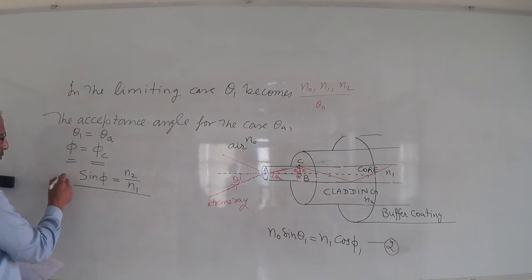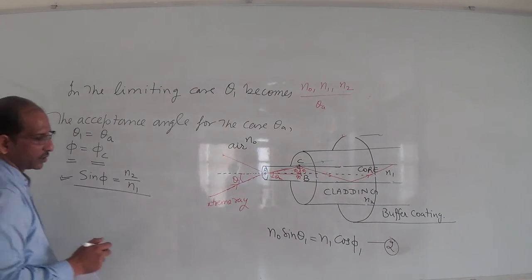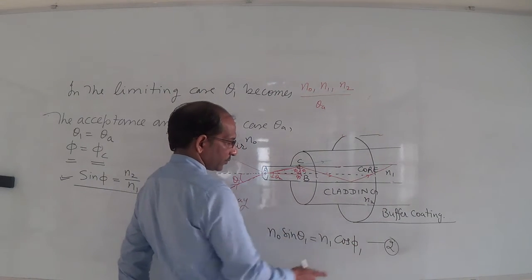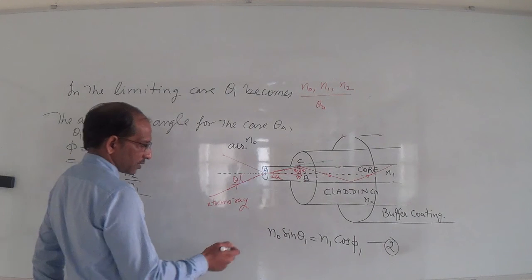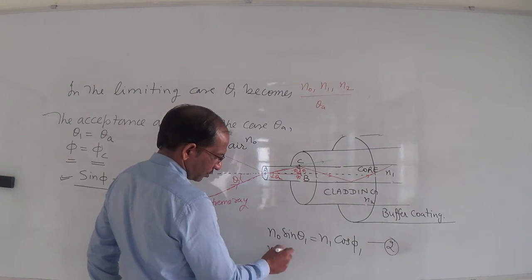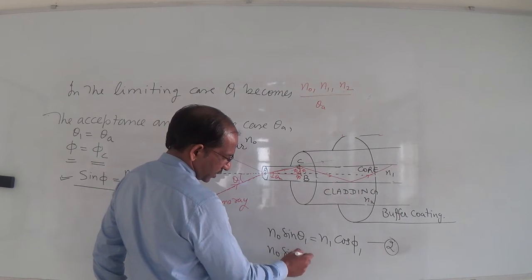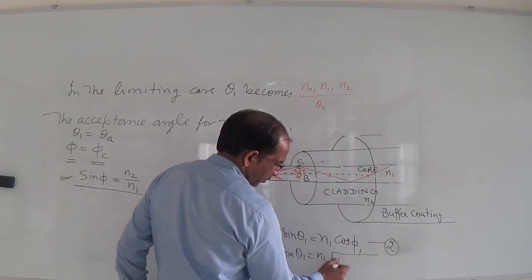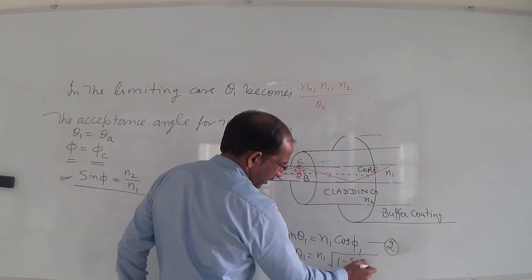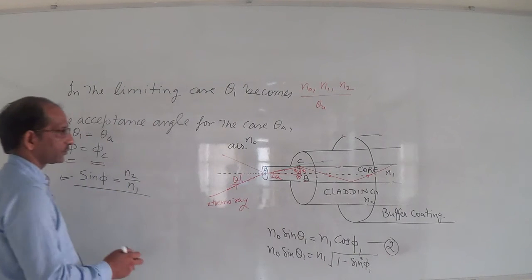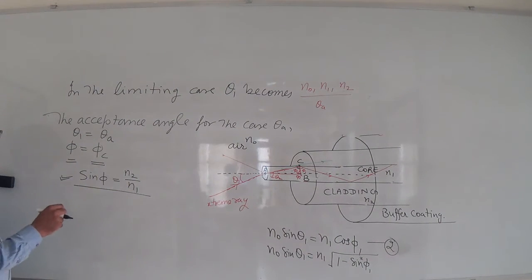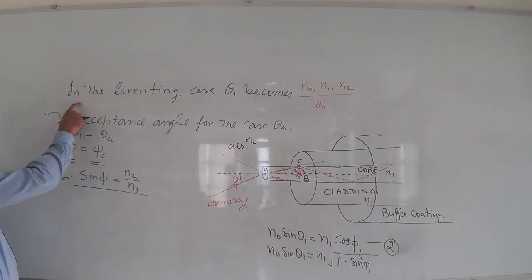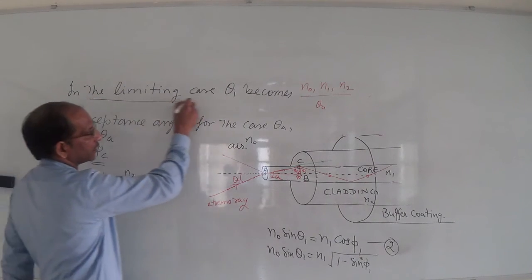Right, so I have to put this value in equation number 2. So equation number 2 is what? n naught sin theta 1 is equal to n1 square root 1 minus sin square phi 1. And what I have mentioned here is the limiting case.